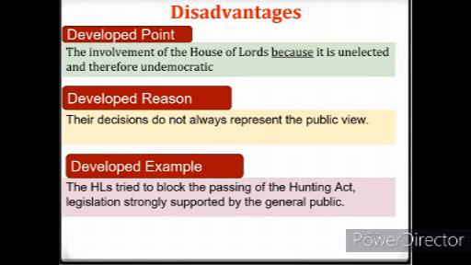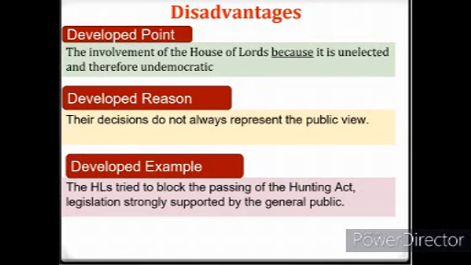And if it's undemocratic, the argument is that it doesn't represent the public's view and it's not accountable to us. If we don't like what the House of Lords are saying, we cannot vote them out. However, we can vote out our members of Parliament in the House of Commons in a general election. So the House of Lords could be seen as a disadvantage in the legislative process because it's made up of unelected peers.